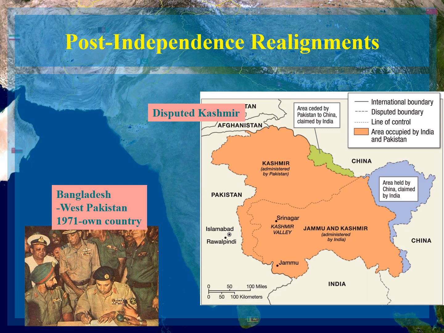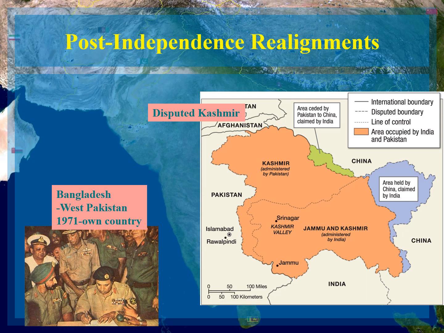So the situation as it stands today is still disputed over who gets control. As you can see, this part of Kashmir is controlled by Pakistan, this part controlled by India, and part of it is controlled by China but claimed by India. And remember, in this region in South Asia, India is really the most dominant country.